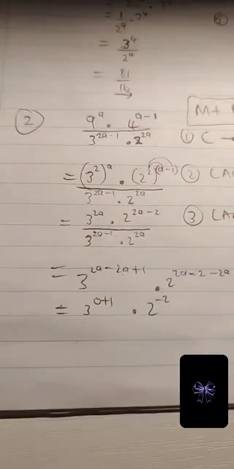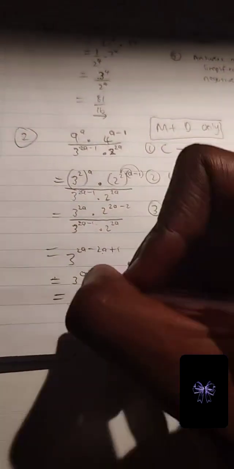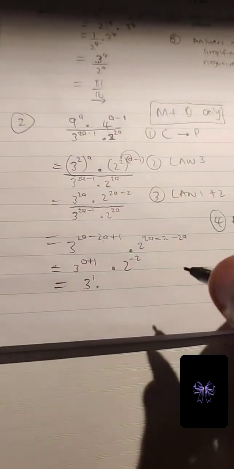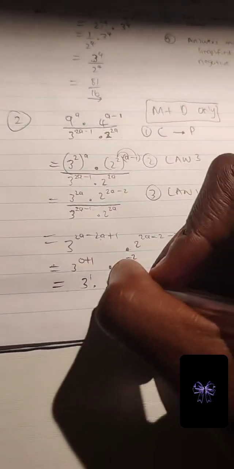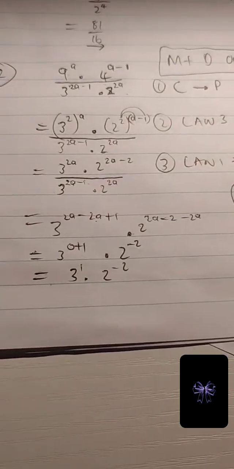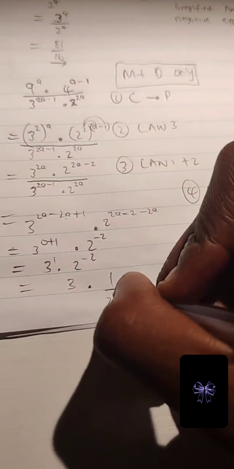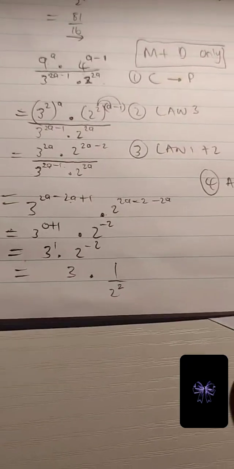2 to the exponent negative 2. Okay. And it's going to be 3 to the exponent of 1 multiplied by 2 to the exponent of negative 2. Okay. So it's going to be 3 multiplied by 1 over 2 to the exponent of 2. Awesome.